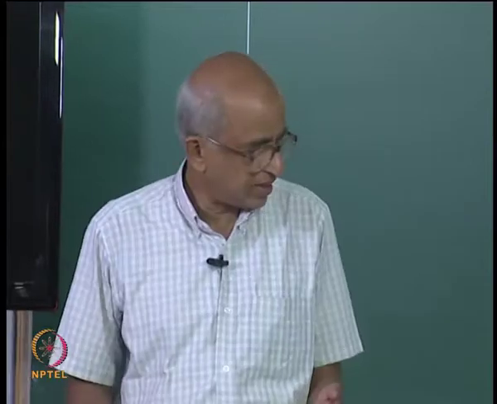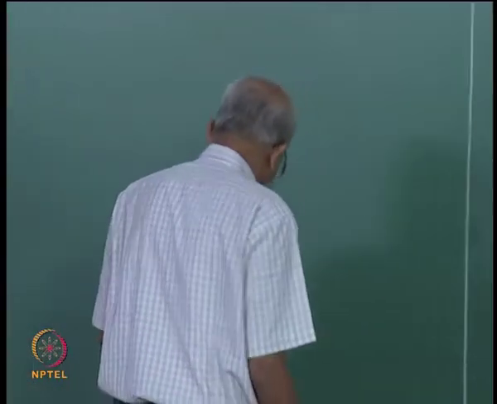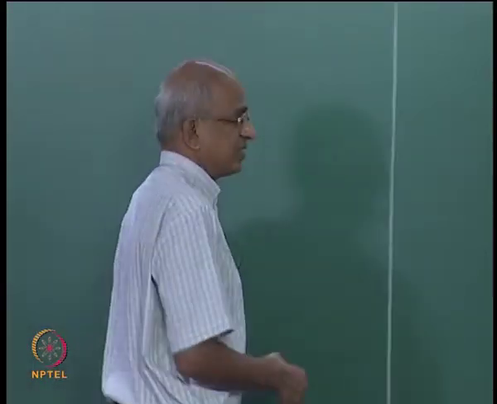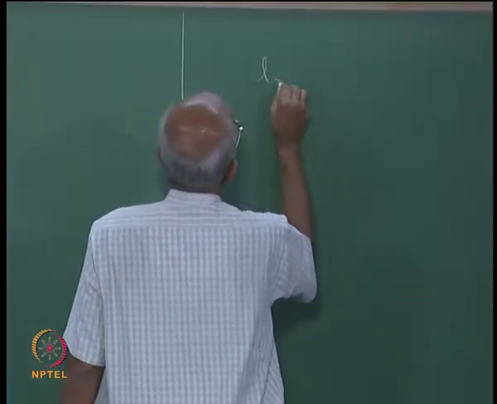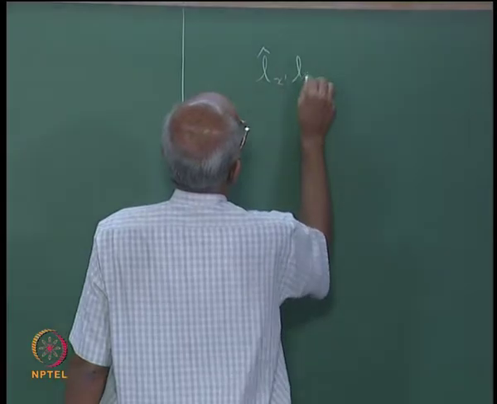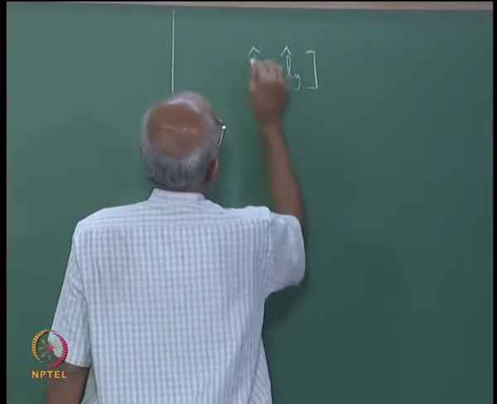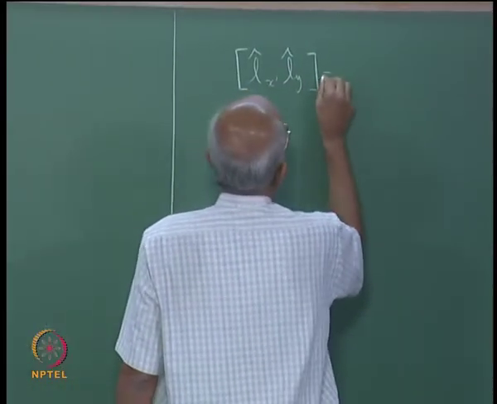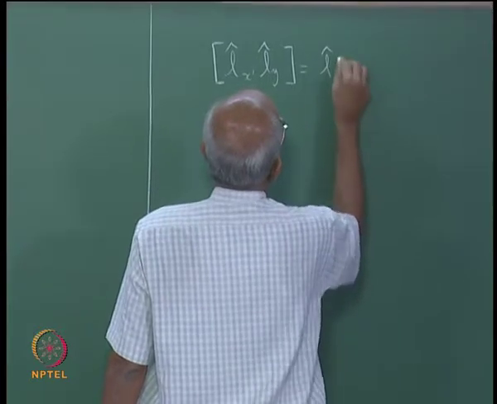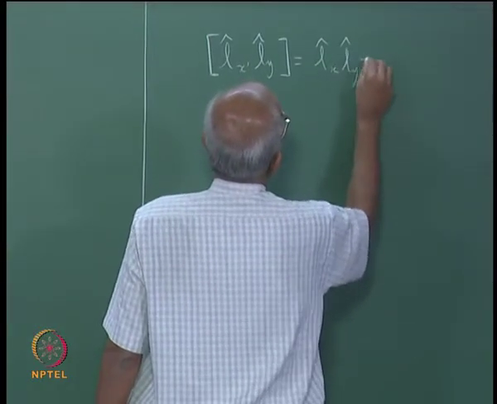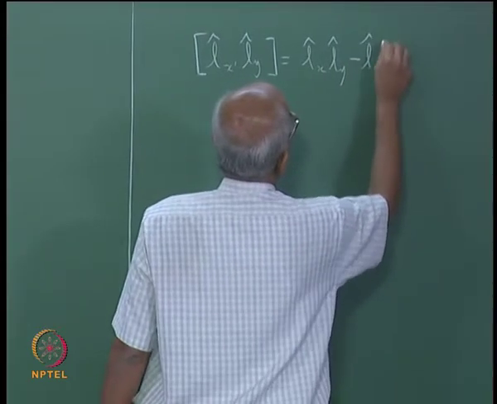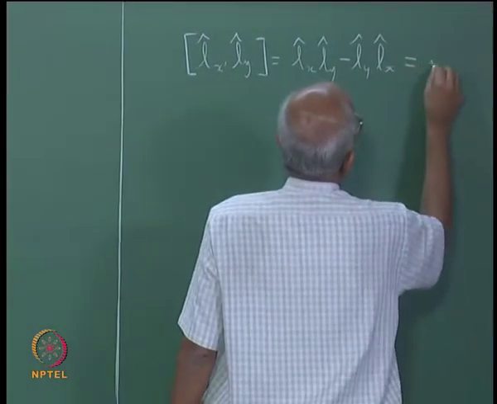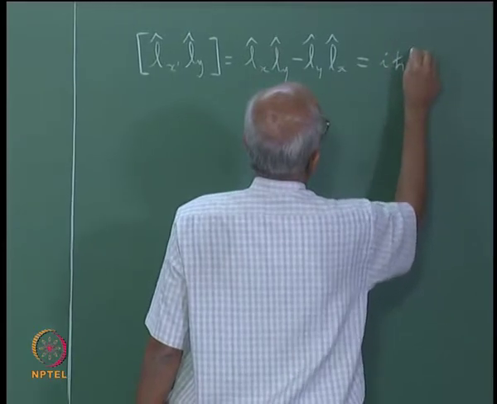Okay, in the last lecture we successfully derived this expression for the commutator of Lx and Ly, and we found that this is equal to iħ Lz.